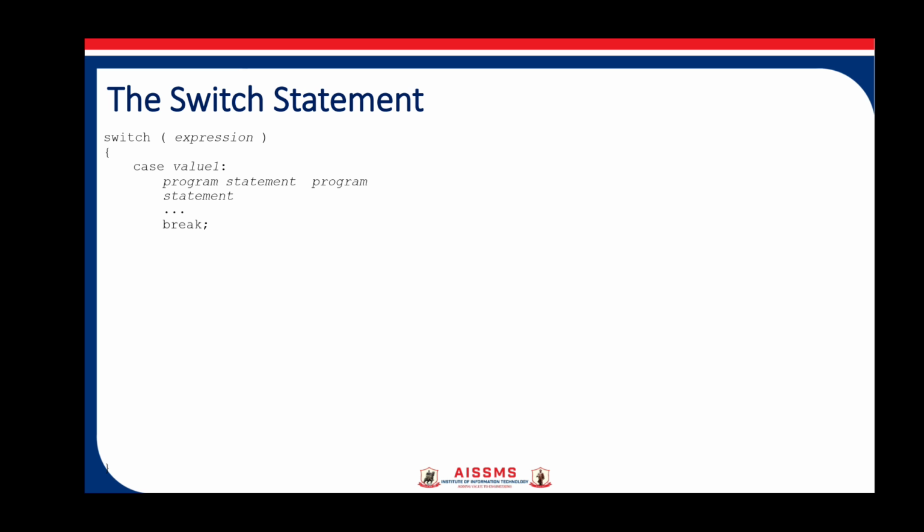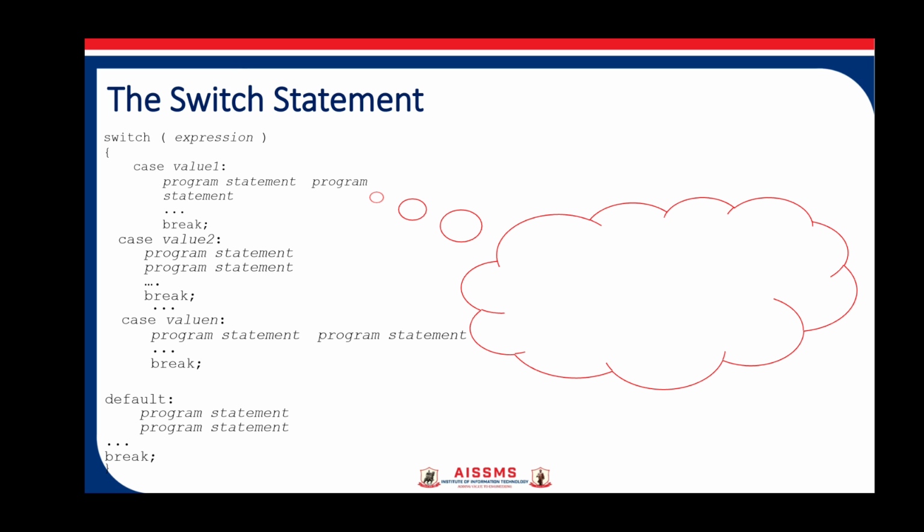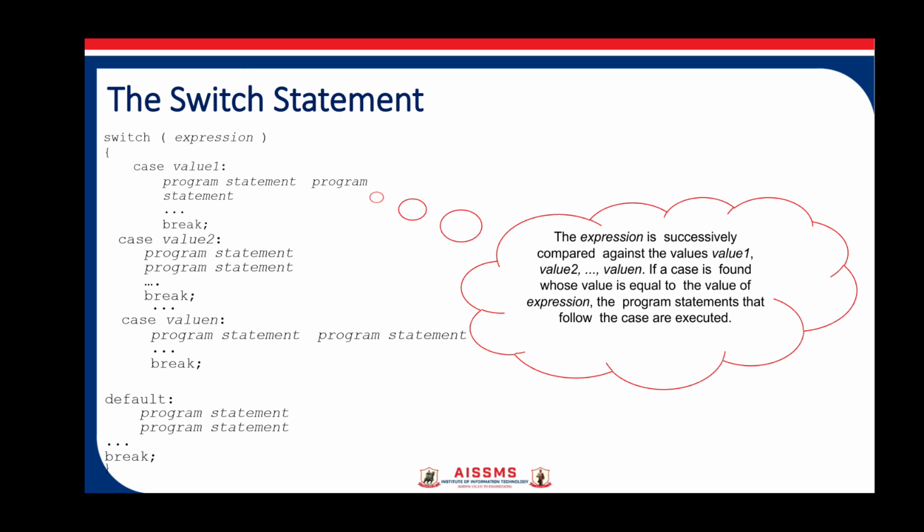We have different cases: case value 1 and some program statements, then case value 2, and likewise you can have multiple cases, and we can also have the default case. First the expression is evaluated and then it will check against each value. If a case is found whose value is equal to the value of the expression, the program statements of that case will be executed.